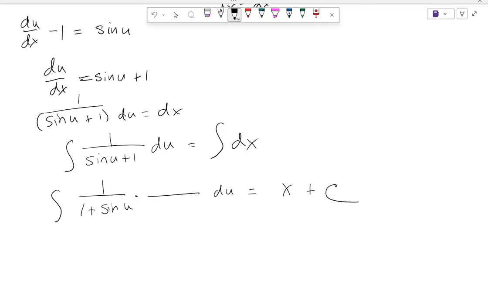There is 1 plus sine of u. Can I multiply top and bottom by something that allows me to rewrite the bottom as a single term? Think of your trig identities.